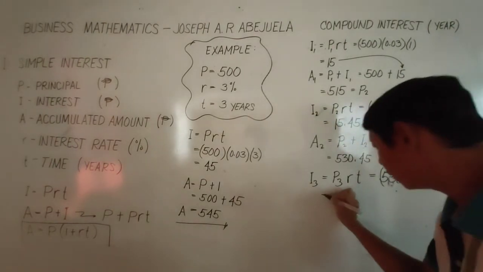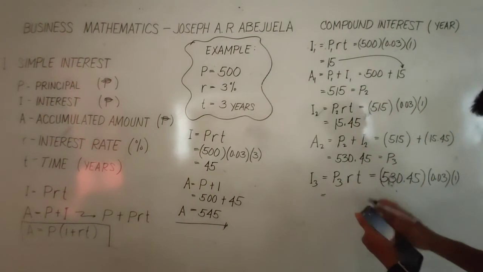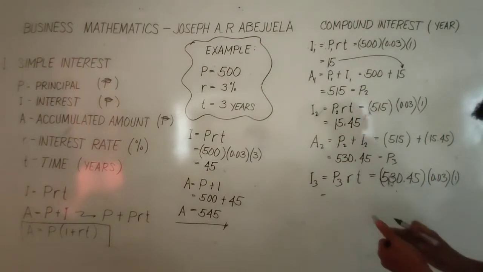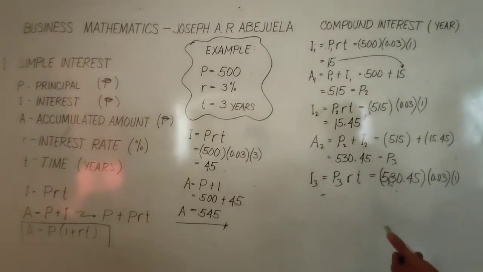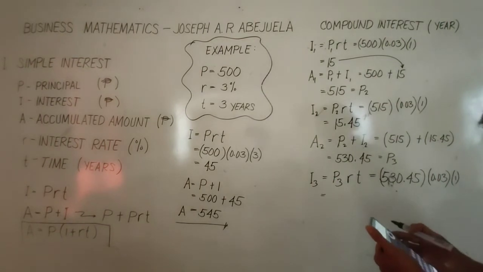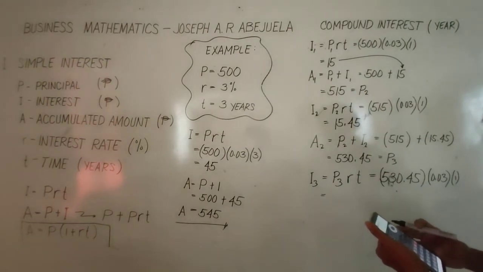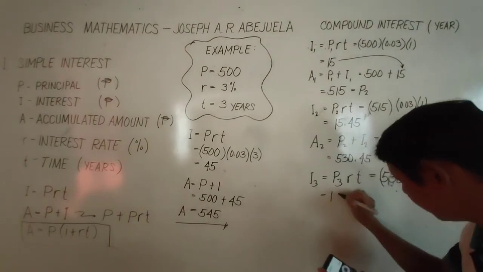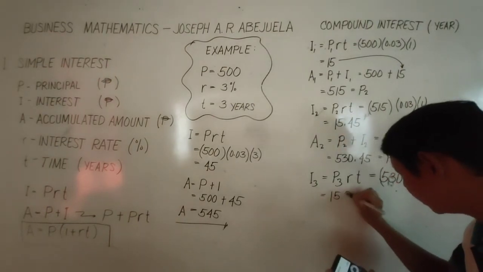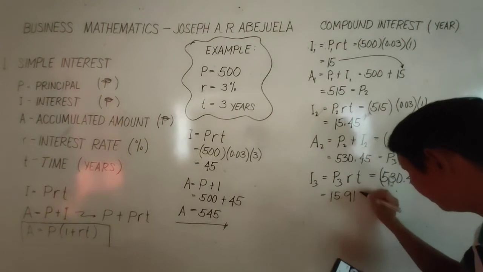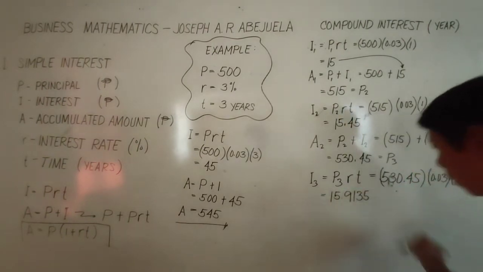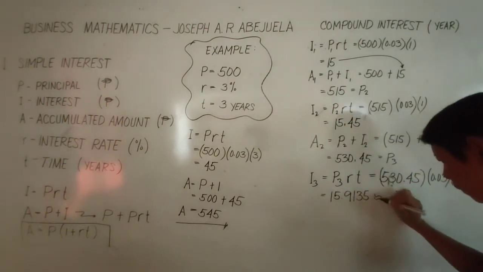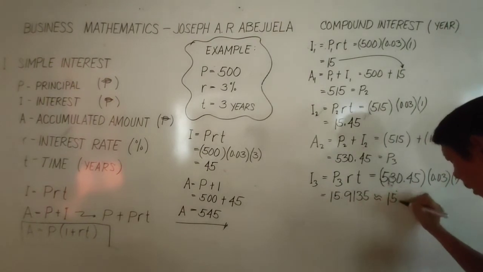So we have 530.45 times 0.03 equals 15.9135. Or we could simplify it to 15.91.